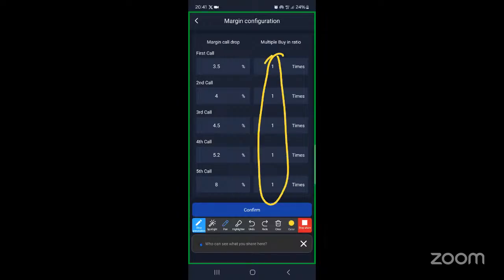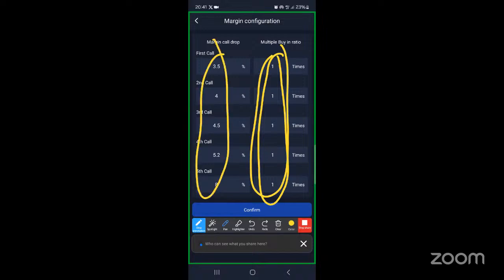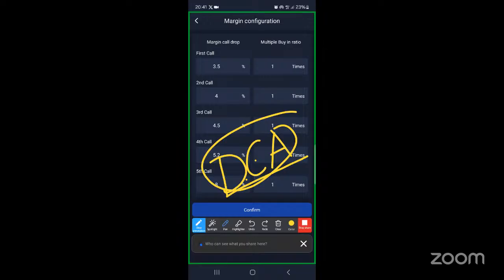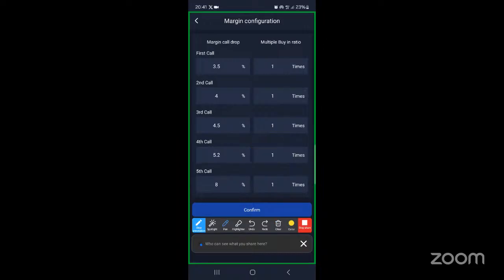Because what you put here and what you put here is what determines whether you are achieving the goal of dollar cost averaging. What I don't want is to give you calculations where, when the robot is buying and the price goes down, you are not achieving the dollar cost averaging. It is the goal.